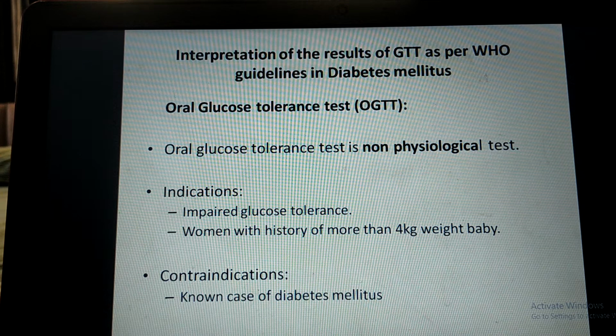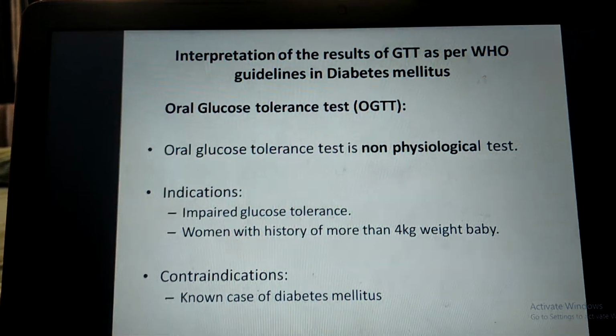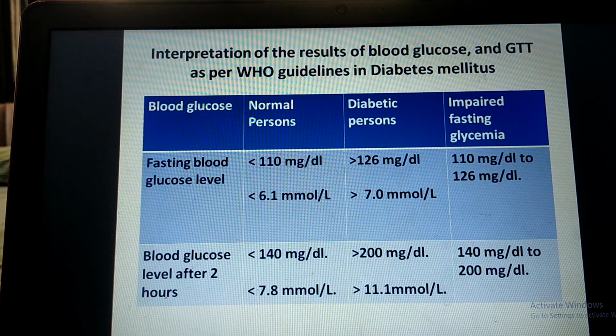Next, indications. Indication means when we advise this test. We will advise this test in two situations. First is impaired glucose tolerance. When we observe impaired glucose tolerance, then we go for this oral glucose tolerance test. Now, what is impaired glucose tolerance?